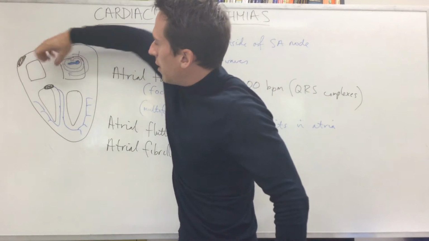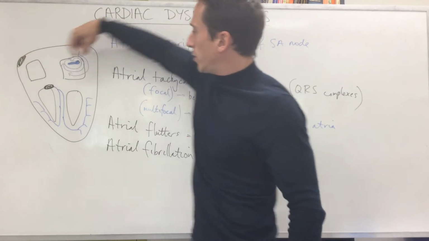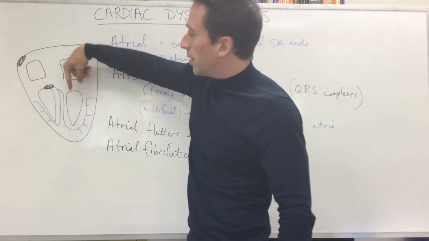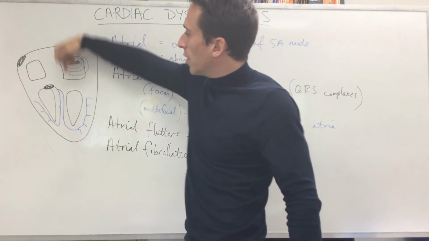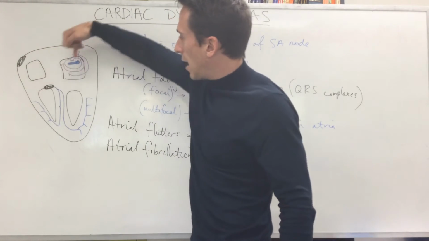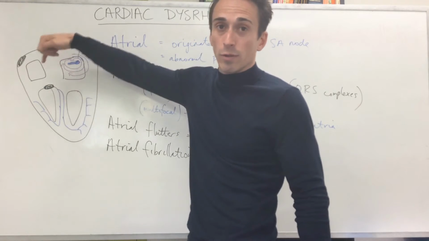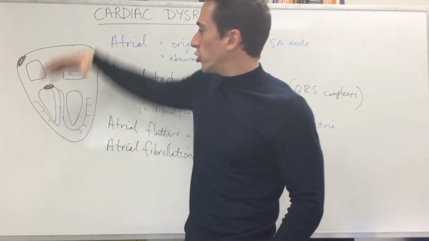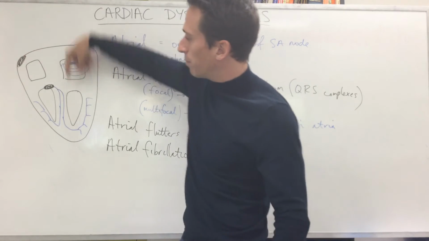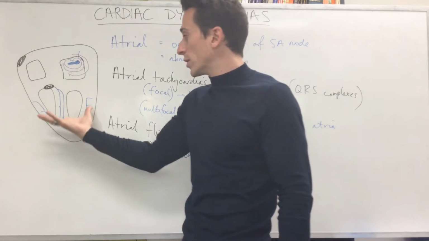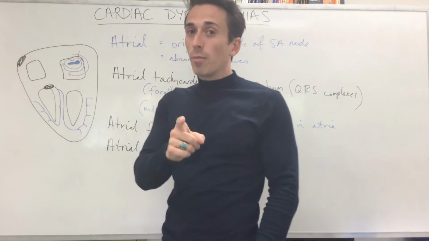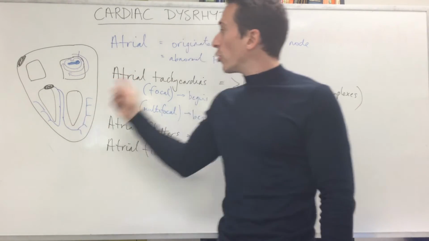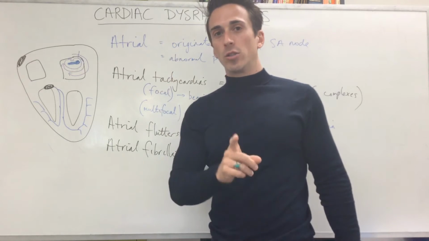If the atria are contracting like a bag of worms, which you see in these cases, it's not a big issue because blood will just fall via gravity through the atrioventricular cusps or flaps or valves down into the ventricles. So even though it's not contracting properly, enough blood will go down into the ventricles to be contracted out. The problem you get is when the ventricles start to shake. But that's when we move on to ventricular-based dysrhythmias.